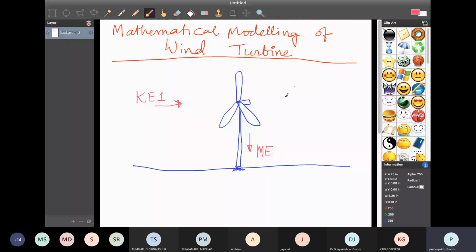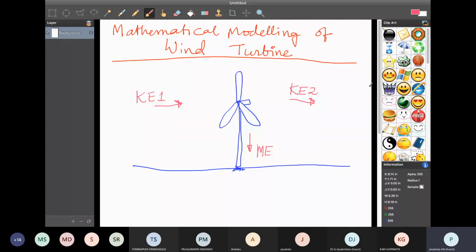Now, if a certain amount of kinetic energy is entering, a certain amount of kinetic energy is leaving. Let's denote that as KE2. Now, what is the kinetic energy? Kinetic energy is nothing but half mv square, because the wind has a velocity and a mass of wind that is coming.